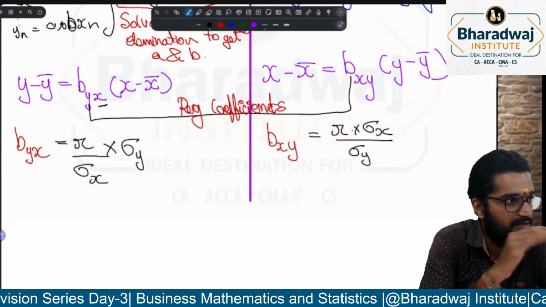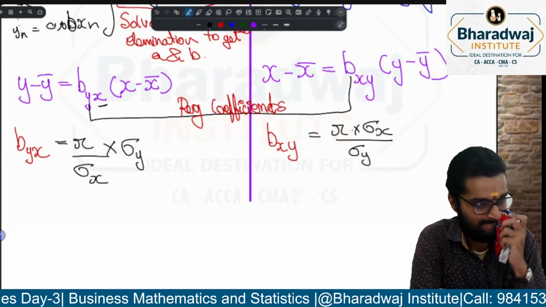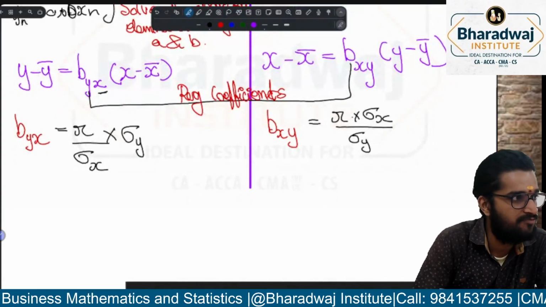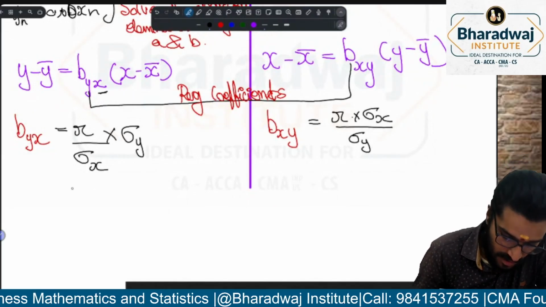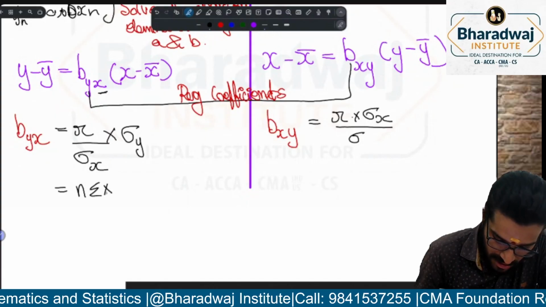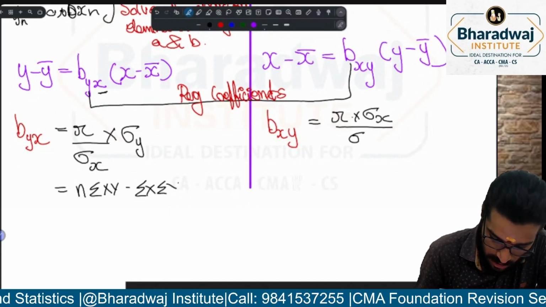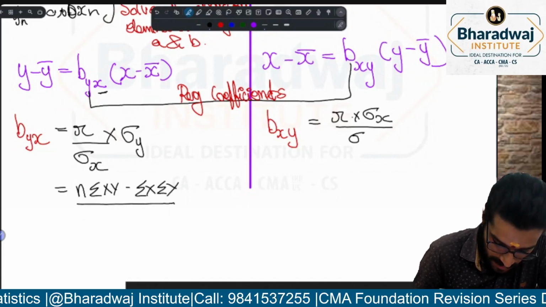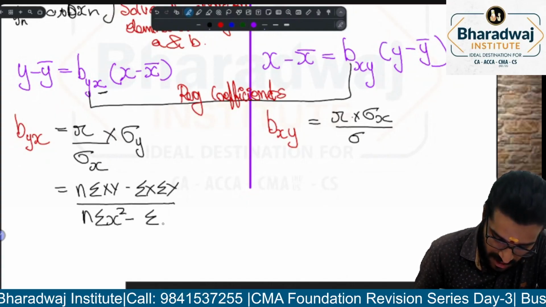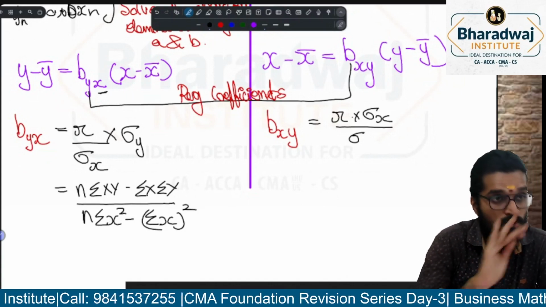Now, wait. Is it possible to rearrange this? Yes, it is possible to rearrange this in a similar manner which we did for correlation, which is n times summation xy minus summation x summation y divided by n times summation x square minus summation x the whole square.